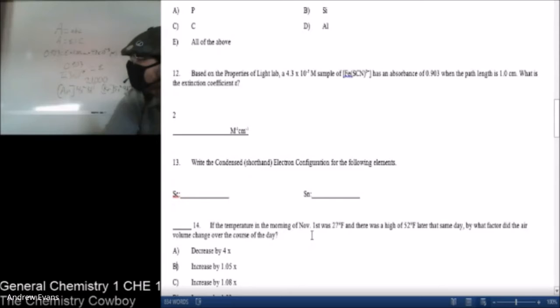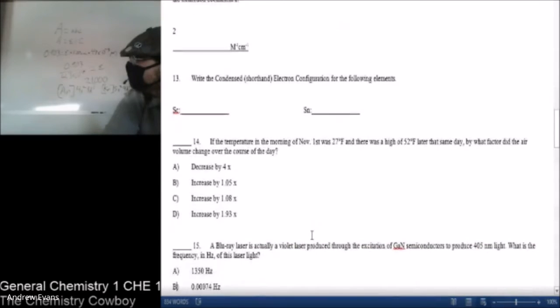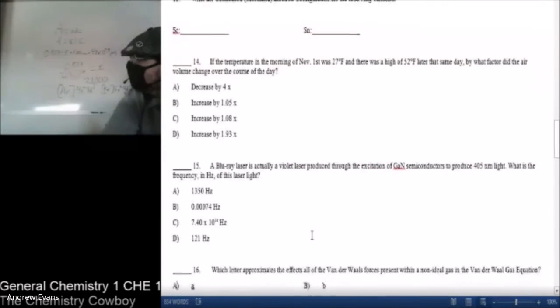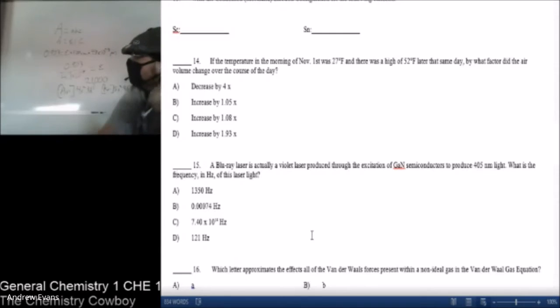This is a gas question. Here is another light question. This one is actually rather easy because if you were paying attention on the first question, this wavelength is not too dissimilar. Blue laser light can be produced by excitation of a gallium nitride semiconductor to produce 405 nanometer light.